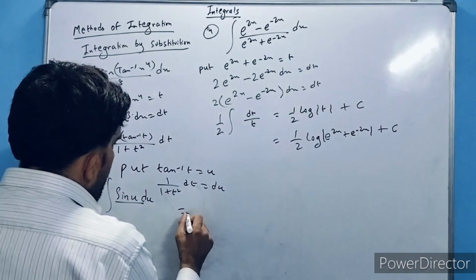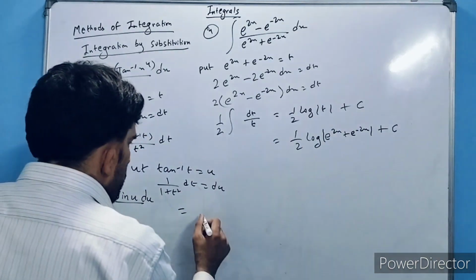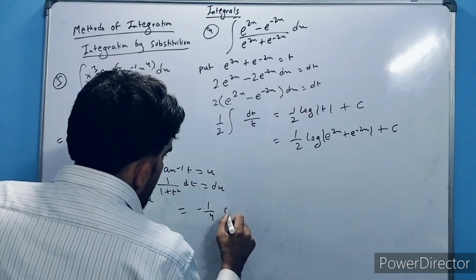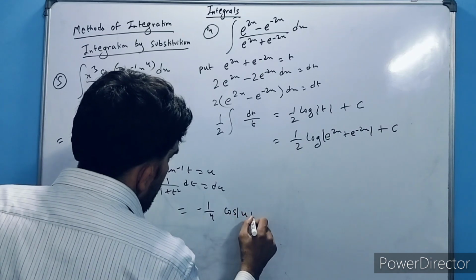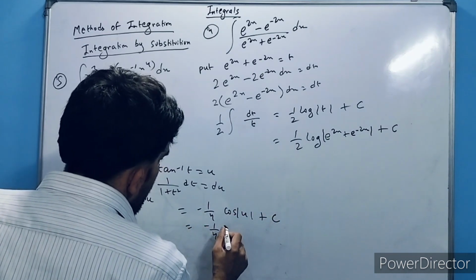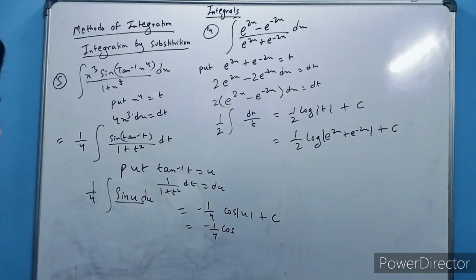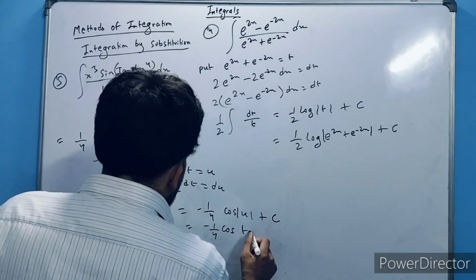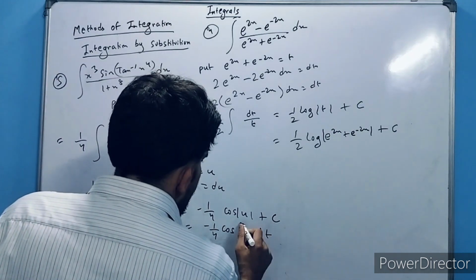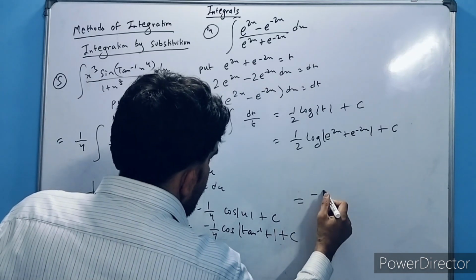Now we get the answer: the integration of sin u will be cos u. So I will get cos u plus c. What is u? I have taken tan inverse t, plus c.